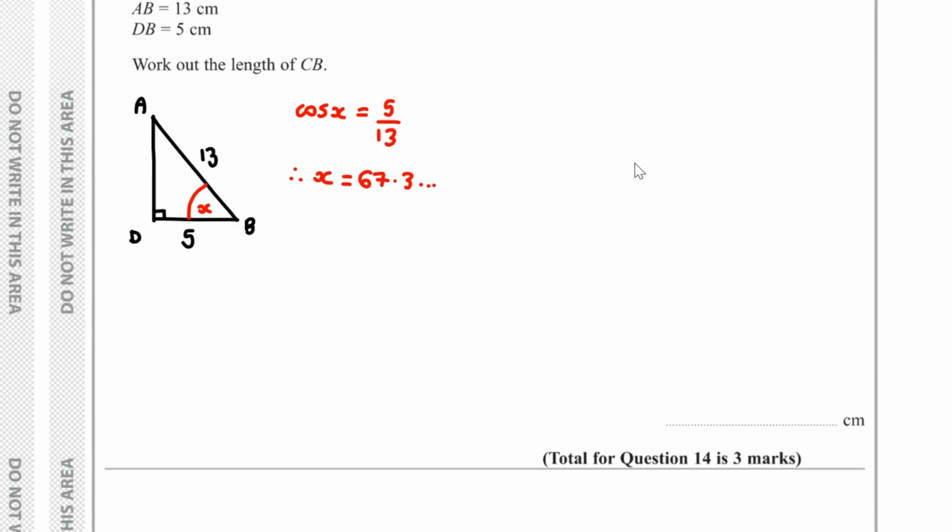Now, if we focus on the larger triangle, we have a horizontal length here, which we're calculating.